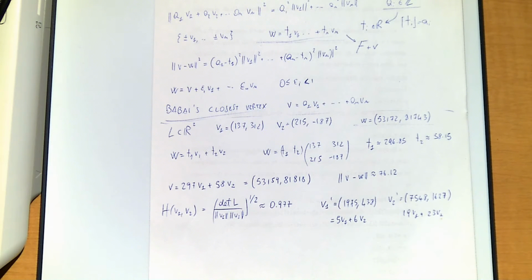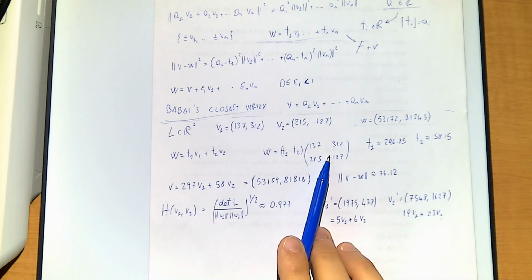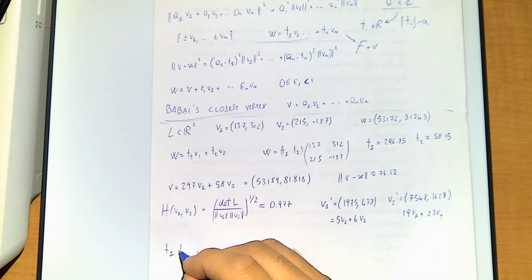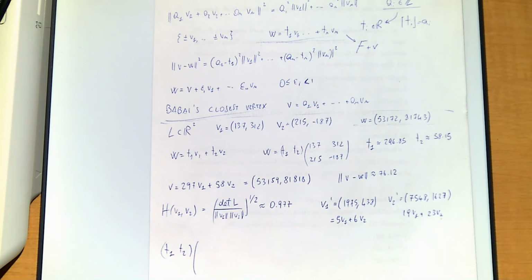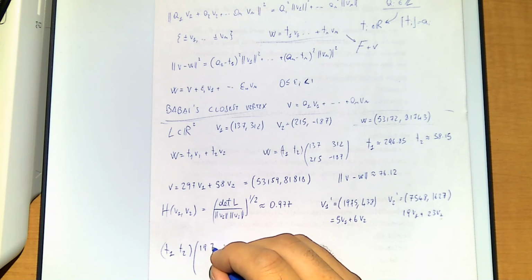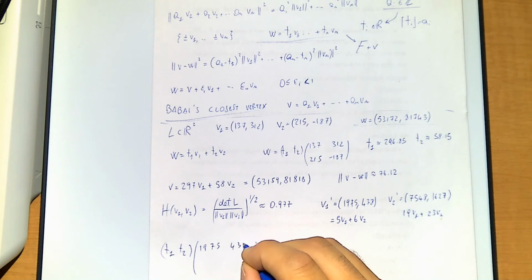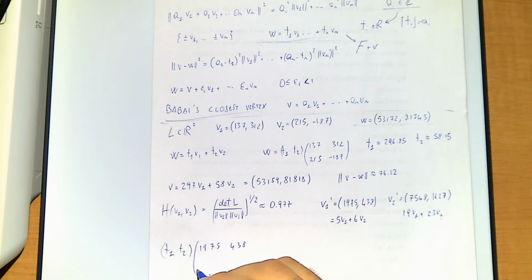Now we do the same procedure. Basically, we do T1, T2, but with this matrix: 1975, 438, and 7548, 1627. Same problem, same thing, and we apply the same technique.